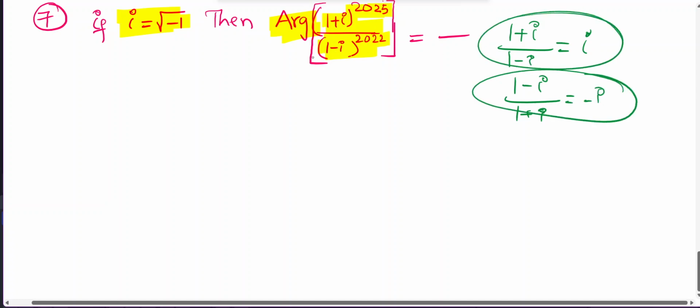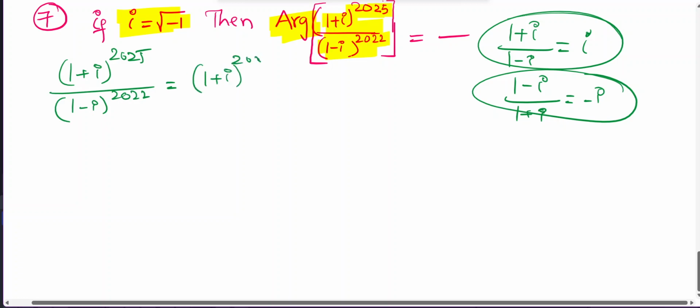Here it is given (1 plus i) whole to the power of 2025 by (1 minus i) whole to the power of 2022. This is equal to (1 plus i) to the power of 2022 plus 3, that is (1 plus i) to the power of 2022 times (1 plus i) whole cube, by (1 minus i) to the power of 2022.